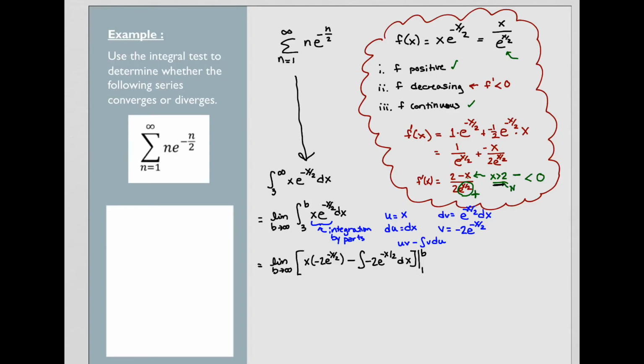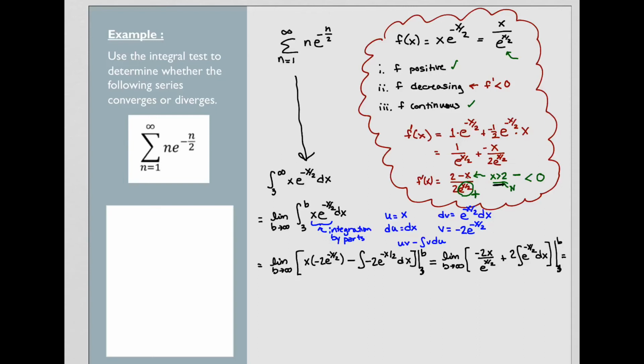We continue. So this is equal to the limit as b goes to infinity of negative 2x over e to the x over 2 plus 2 times the integral of e to the negative x over 2 dx, from 3 to b.